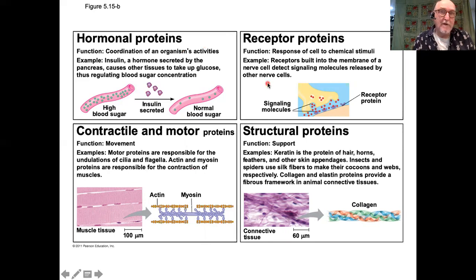The very, very important function of proteins is to act as receptors. And to explain this, let me just repeat what I've said before. A single cell on its own has no eyes, it has no ears, yet for all that it's blind and deaf, it needs to know what's happening in its environment.